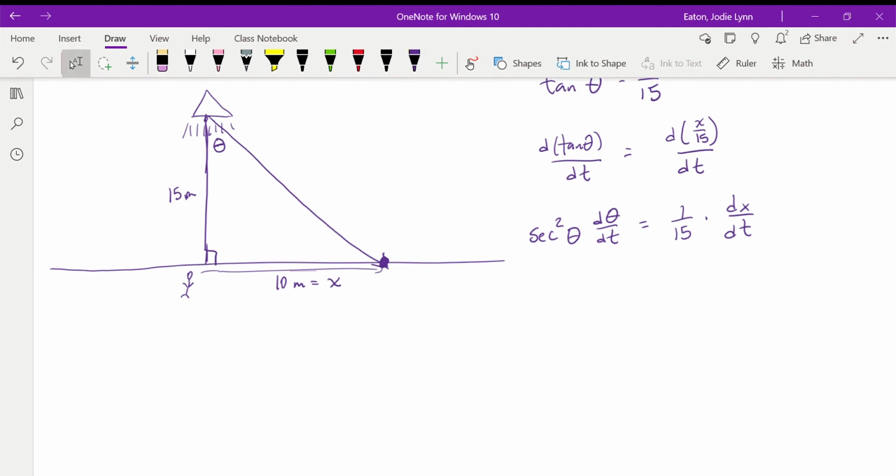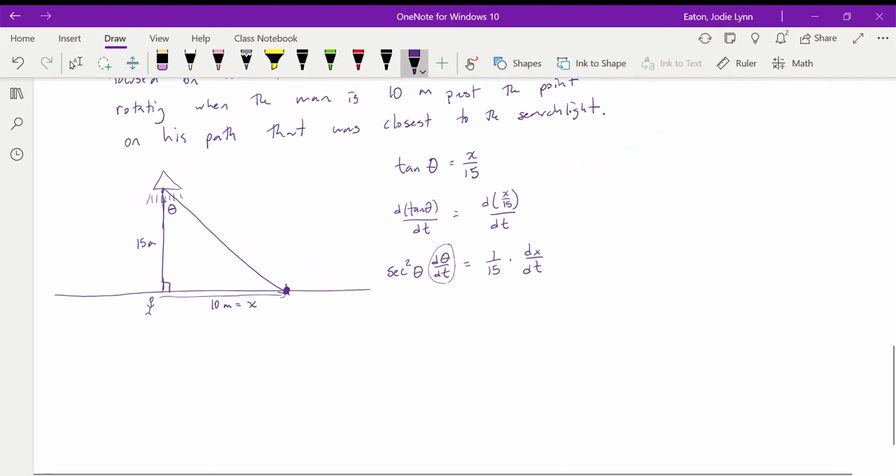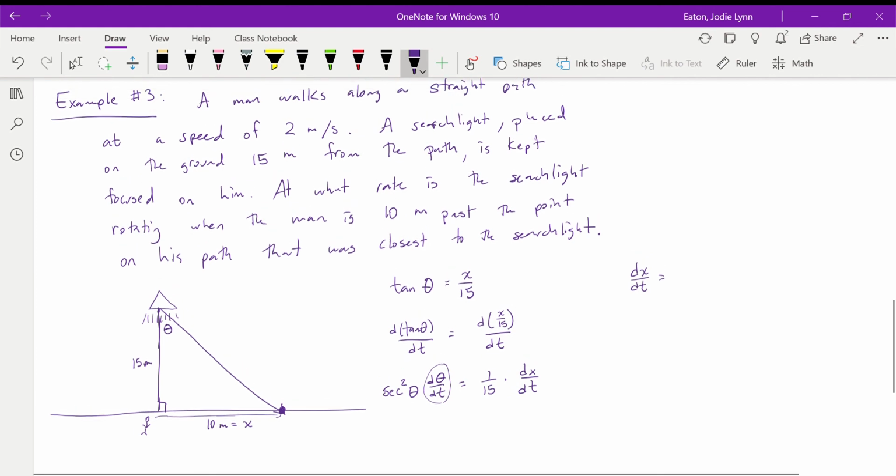So now, what do we know? Well, d theta dt is the variable we're going to be finding. We know dx dt. So let's shrink this down a little bit and go over here. We know that dx dt equals, it says he's walking at a speed of 2 meters per second, so dx dt is 2 meters per second.